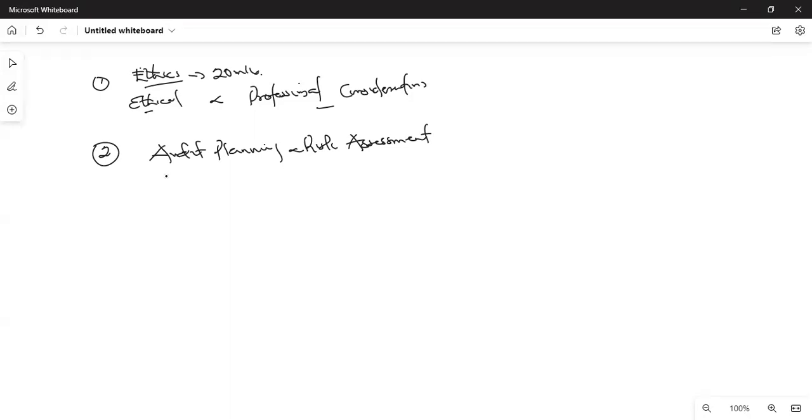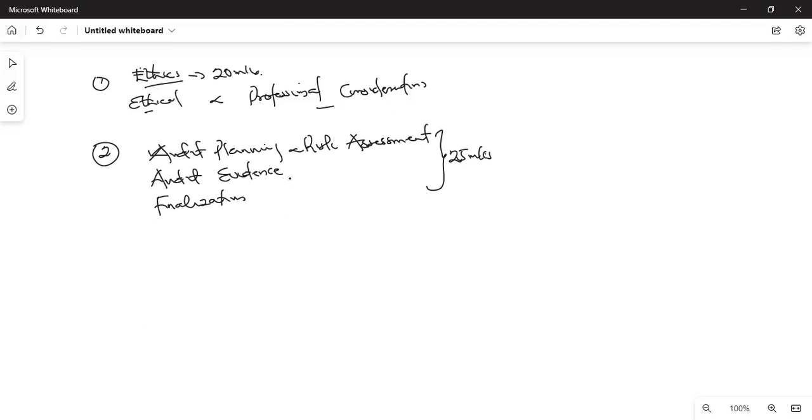And it also has audit evidence and finalization. Okay, and I explained to you that this part is 25 marks.